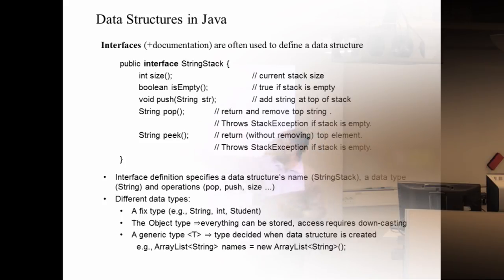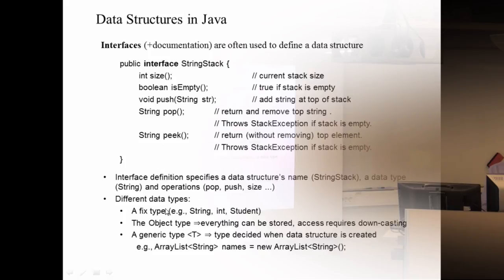But the difference is that here we have only abstract methods, no implementation. And this string stack data structure specifies that it will have these operations. The operations are specified by defining the abstract methods. And the name is specified over here, and the data type is specified. It's basically the values that you can store and retrieve from this data structure.